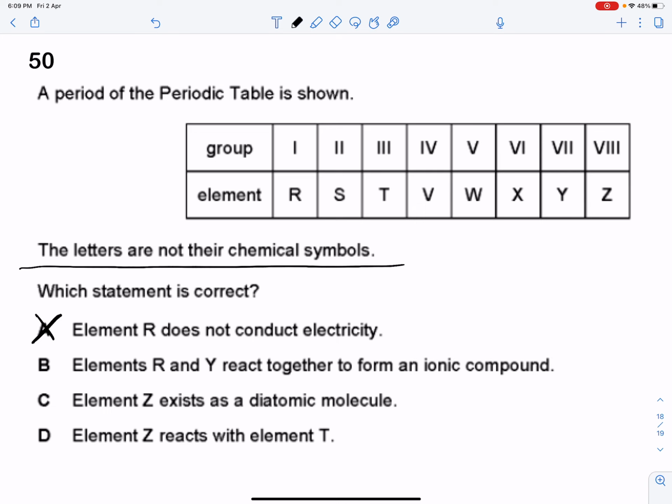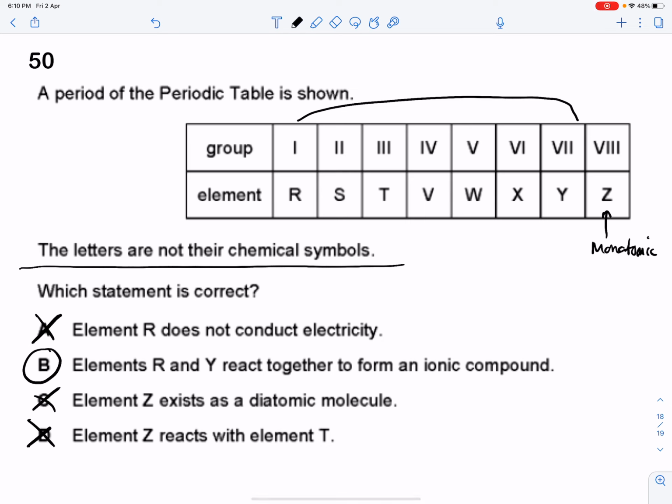Yes, they do. The group 1s love the group 7s. They are a match made in heaven. Element Z exists as a diatomic molecule. No, it would be monatomic. And element Z reacts with element T. Element Z doesn't react with anything at all because it is a noble gas. The answer must be B.